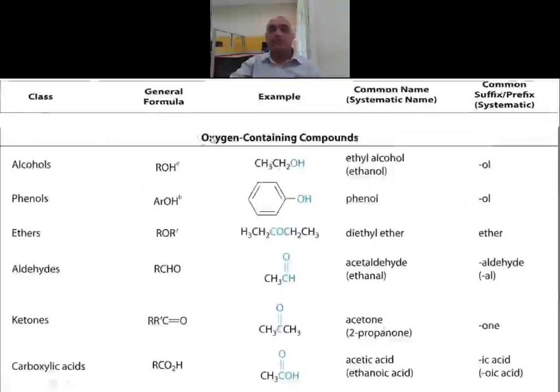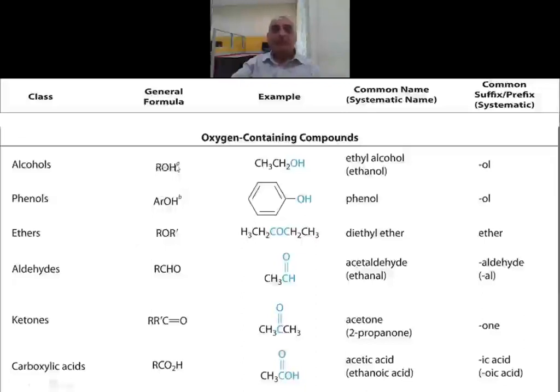Now we have oxygen containing compounds. In all the compounds like alcohol, phenol, ether, aldehyde, ketone, carboxylic acid, all the 6 classes, they have oxygen in them. If we see here, with the alkyl group, we have the OH group.